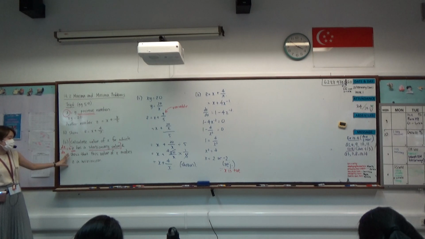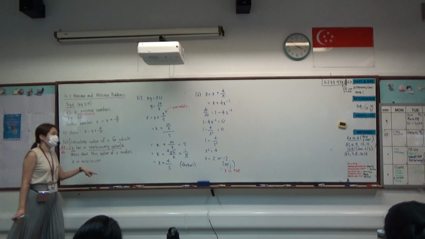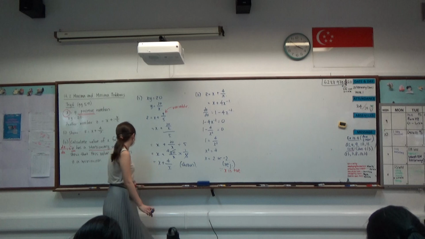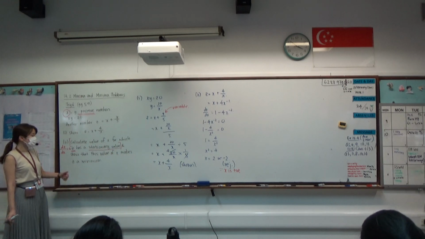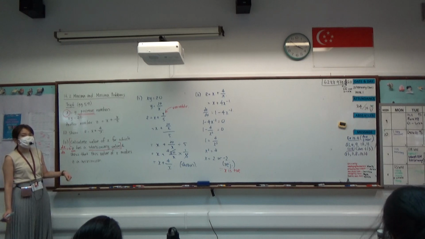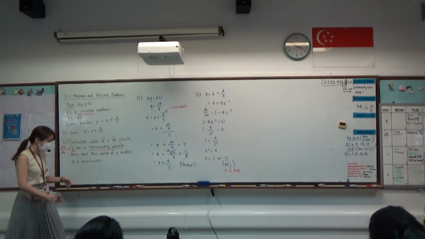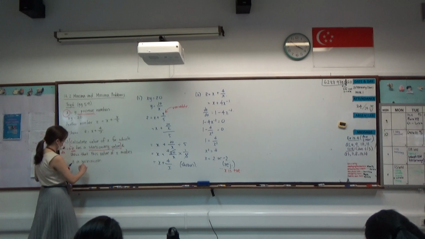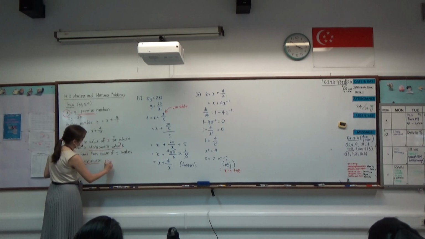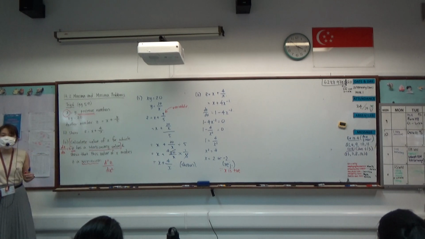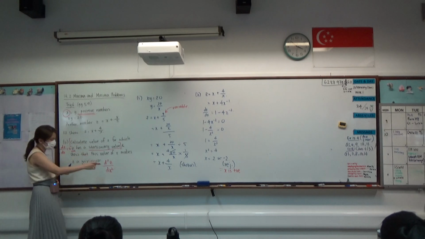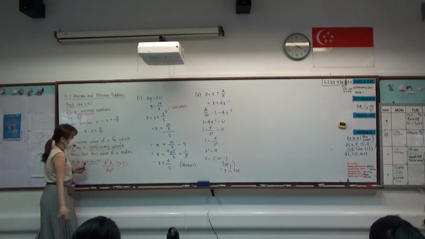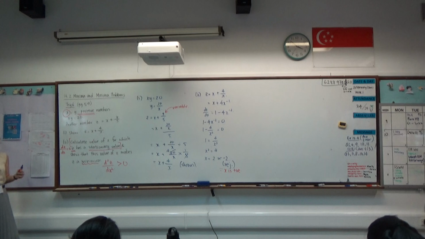Next, we want to show that this value of x, which is 2, makes z a minimum. For z to be a minimum, we use d2z over dx squared. The second derivative test tells us that it is a minimum. Minimum is a happy face, so your second derivative must be more than 0.